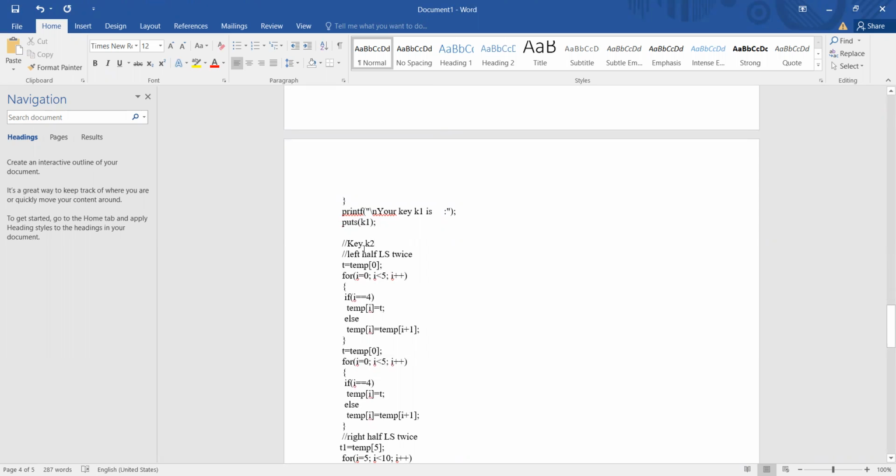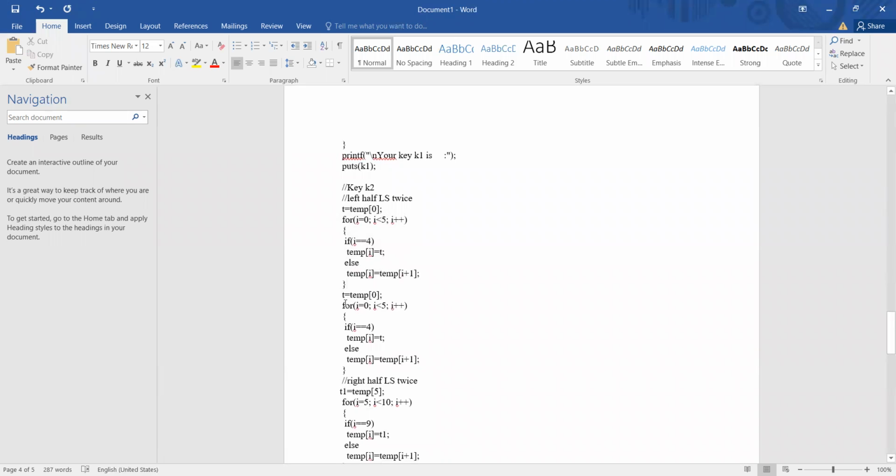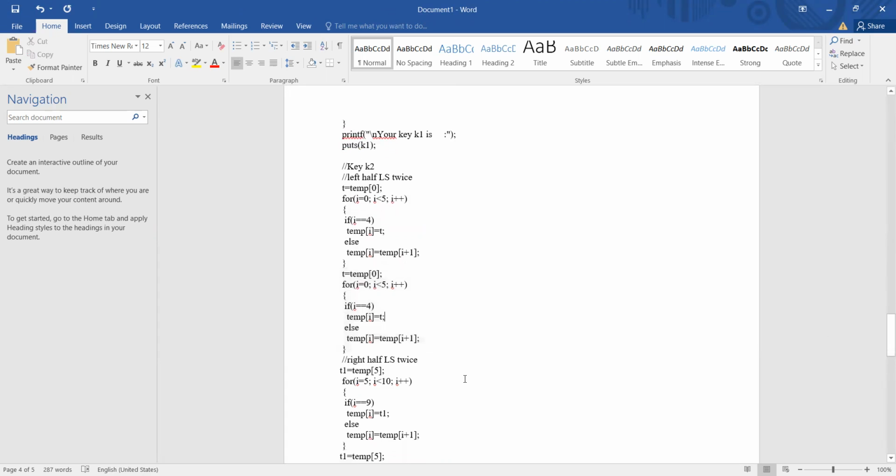Same, we have to divide the 10 bits into two halves, and we have to apply the left shift twice on both sides. This is the first left shift onto the left part, and this is the second left shift onto the left part.